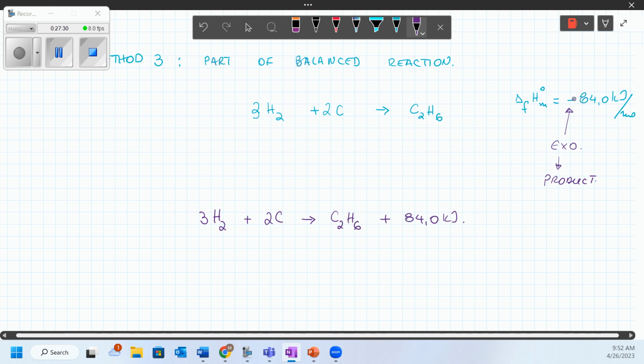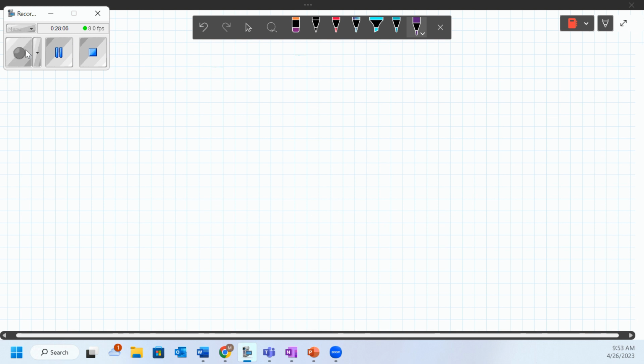Does it make sense, guys? If in the balanced reaction we didn't have 1 mole, then we multiply this number that we have from the data booklet and write it into the appropriate part, that being product or reactant, multiplied by the coefficient that is in front of the compound in the balanced reaction.